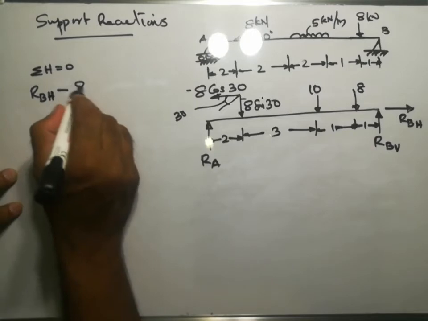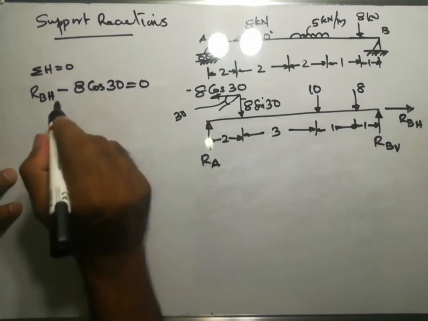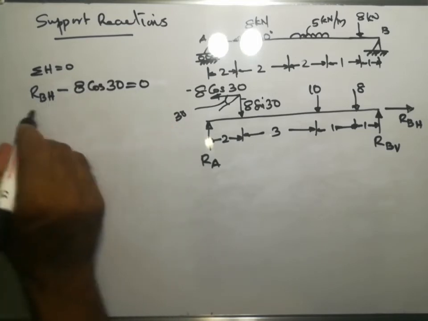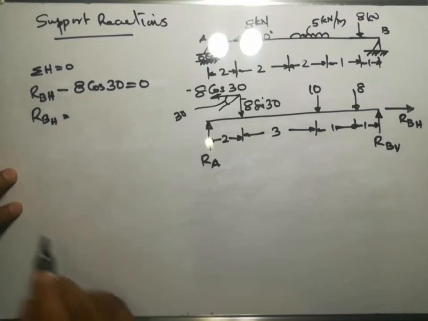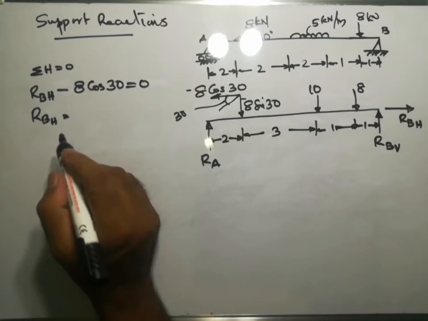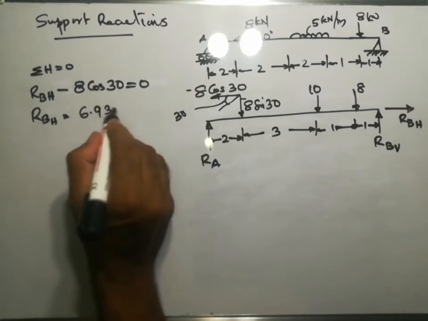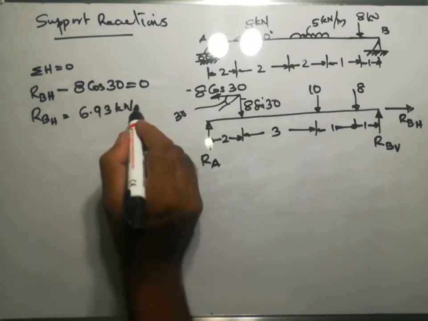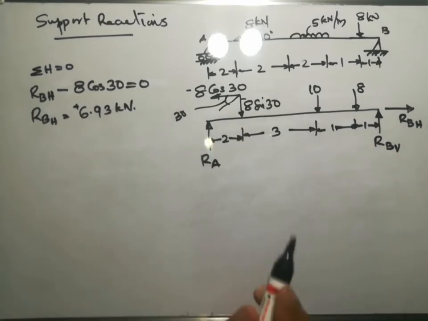RBH minus 8 cos 30 equal to 0. There are no other horizontal forces, so you can directly get RBH equal to 8 cos 30, so RBH is equal to 6.93 kilonewton. So we got it as positive. That means the direction we have assumed is correct.